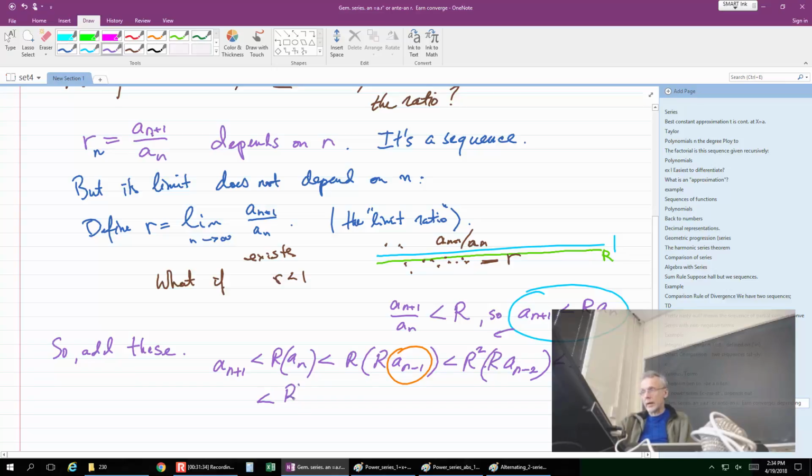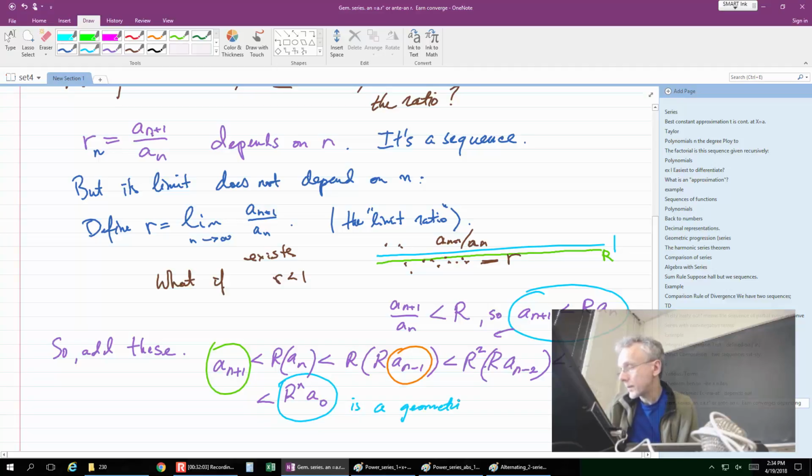So it will be R^n a_0. In other words, the original sequence that we care about has been compared to something else, and this one is a geometric progression.